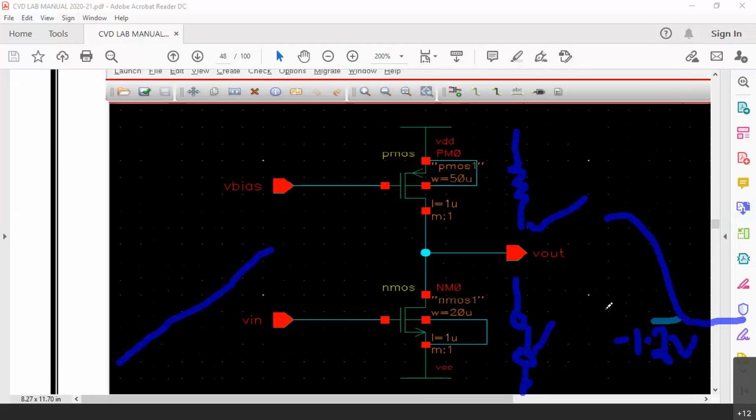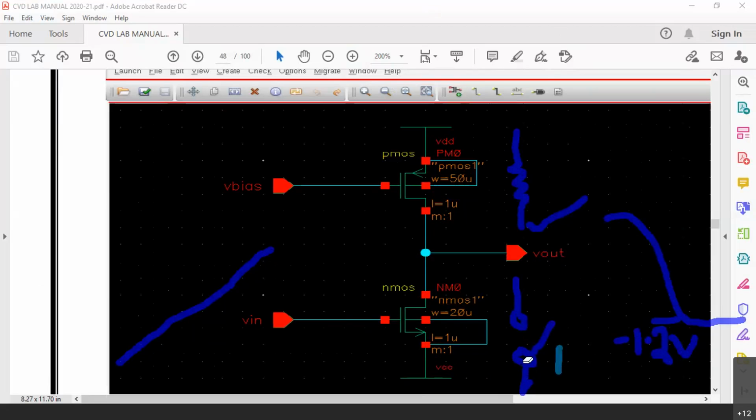It does not go till minus 2.5 because this NMOS completely does not go into linear region. NMOS also works like a resistor at that time. If NMOS completely turns on, then only we will get minus 2.5 here because this is connected to this. But it does not happen that way, because this is not an inverter.